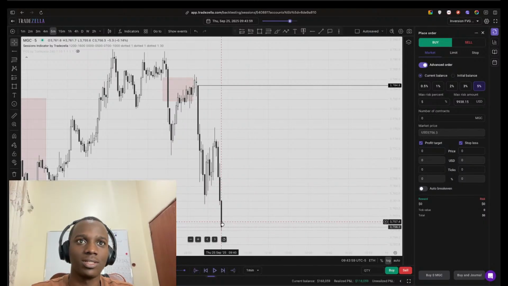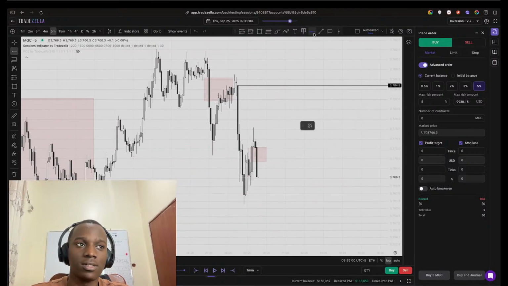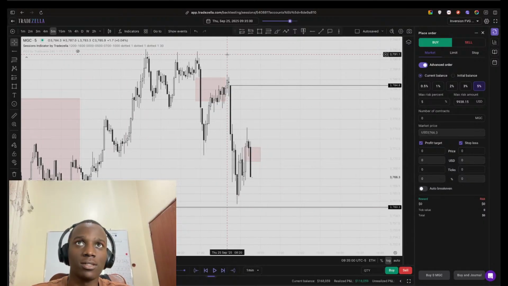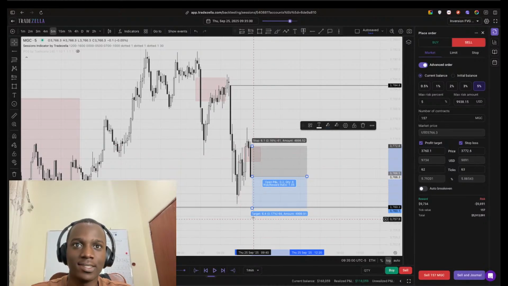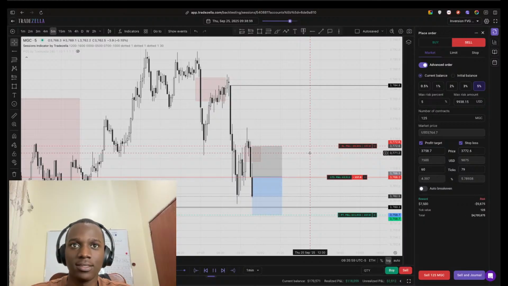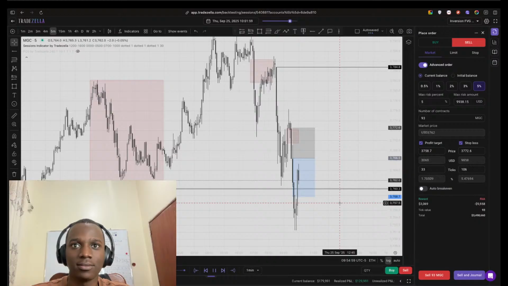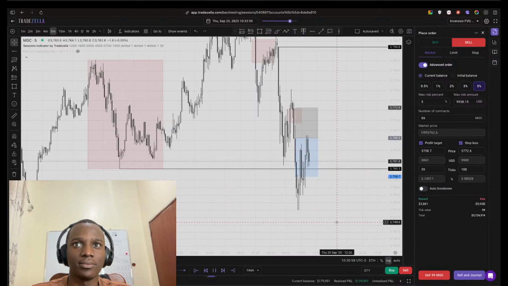Taking shots like right here, this 5-minute inversion. Okay, base hit. Now we failed to run this low here though.